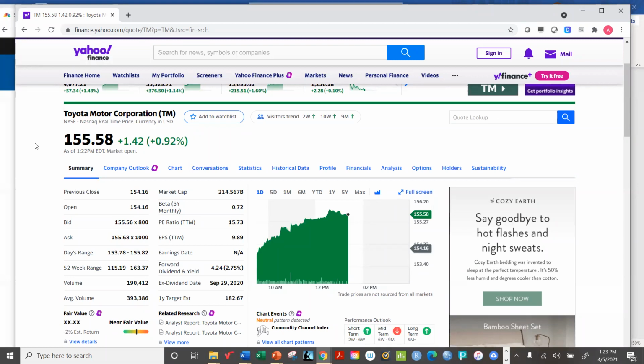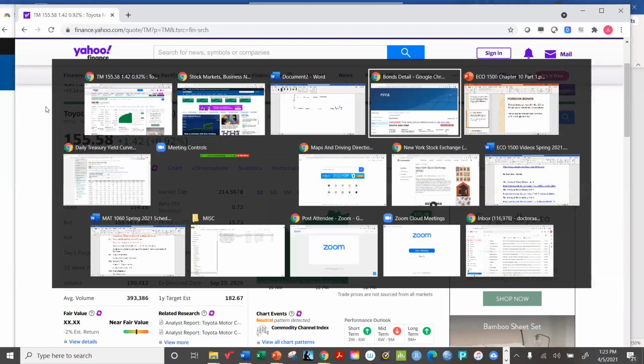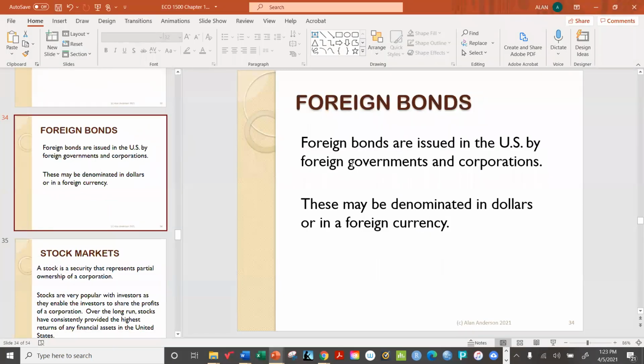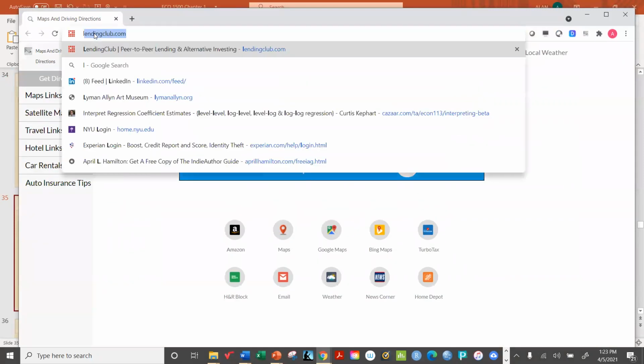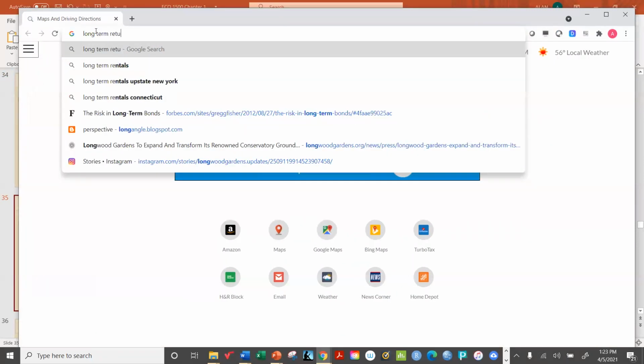All right. So, man, we're having a lot of fun with this stuff. Anyway, so the stock markets, as you know, stocks are issued by all corporations to raise funds, and the purpose of buying stocks is to make a capital gain if possible. And it turns out that if you were to look at all the different assets you could buy in the economy, let me just see if I can find a chart about this.